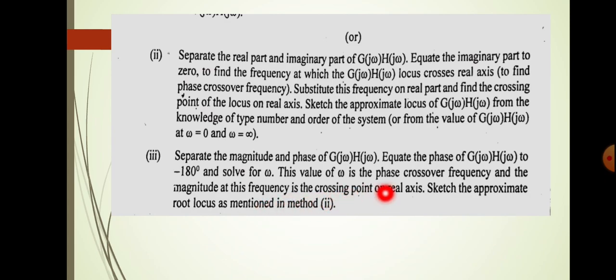For that phase crossover frequency we will find the magnitude corresponding to this function, so that we will get the crossing point of this function on the real axis, and then we will draw the approximate curve of G(j omega)H(j omega) for various values of omega, so that we will get a Nyquist plot or locus.